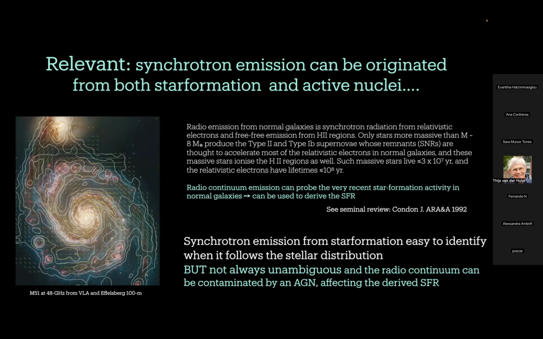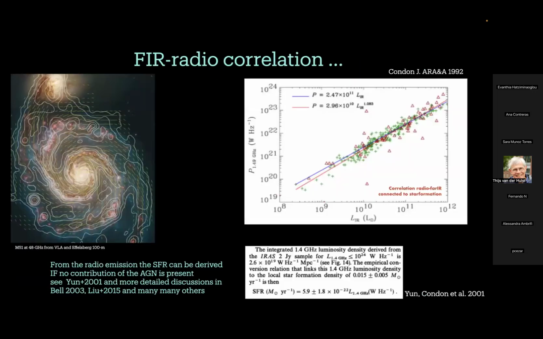Of course, in the center, you can be affected by AGN. So you always have to check whether 100% of your radio is from star formation or not. And I'm sure you are familiar with the far infrared radio correlation. That is one of the diagnostics that people use to establish whether the radio emission that you measure is 100% from star formation or AGN polluted.